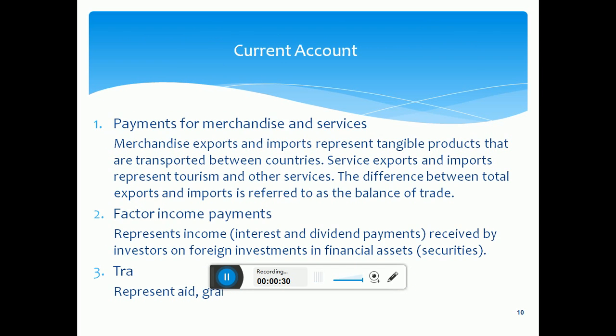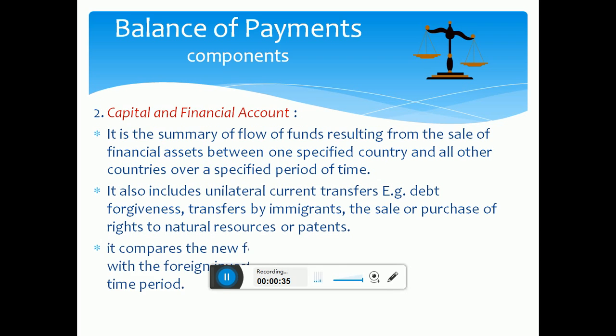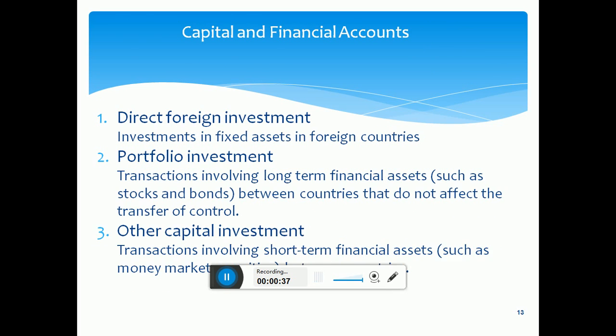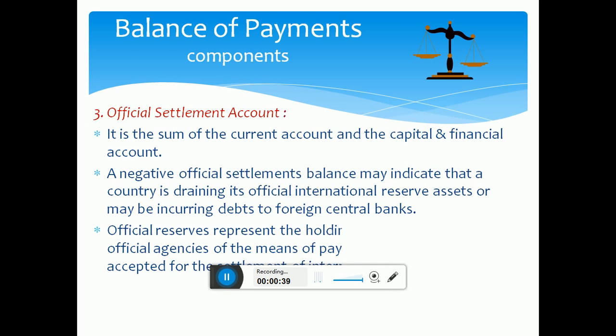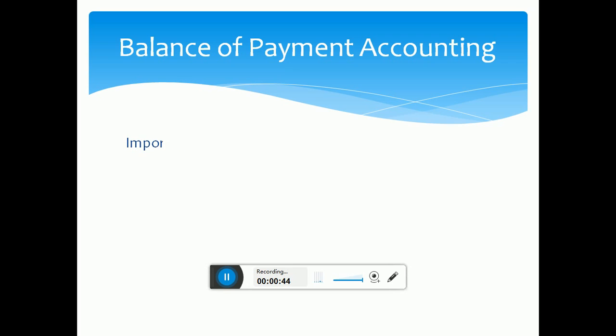Then we discussed the current account in detail, then the capital account in detail, then the official settlement account, and then this diagram.